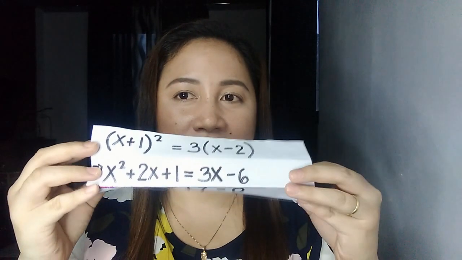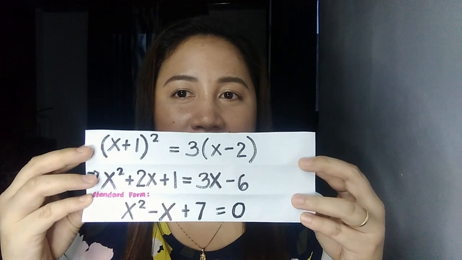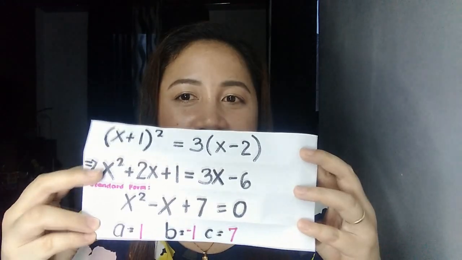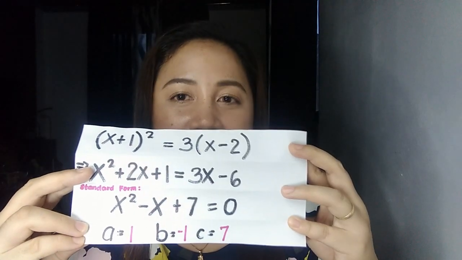And then, the standard form should be this one, x squared minus x plus 7. A is equal to 1, B is equal to negative 1, C is equal to 7. So if hindi nyo pa-gets yung answer, go back to the discussion and try to solve on your own and then apply it to the equation given.